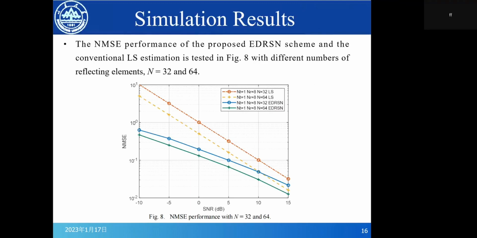So the NMSE performance of the EDRSN scheme at N equal 64 is better than that at N equal 32. Besides, the EDRSN scheme is superior to the conventional LS scheme at both N equal 32 and N equal 64, which demonstrates the superiority of the EDRSN scheme with different N.